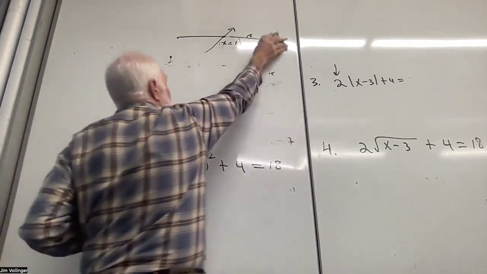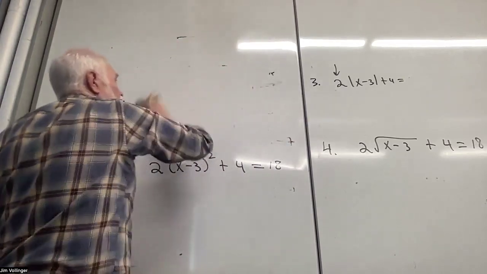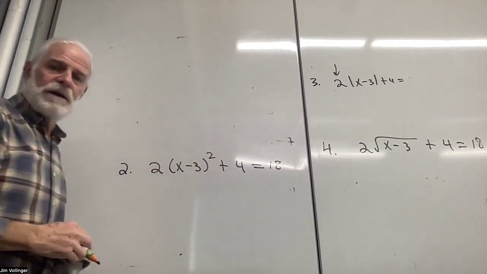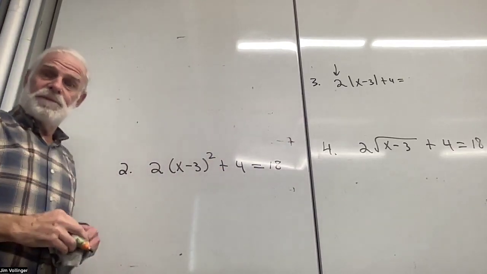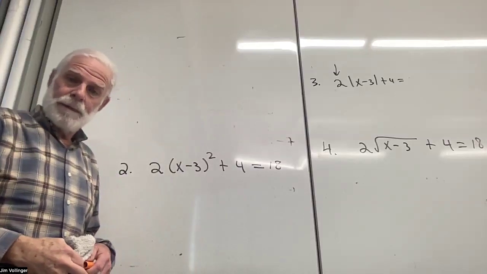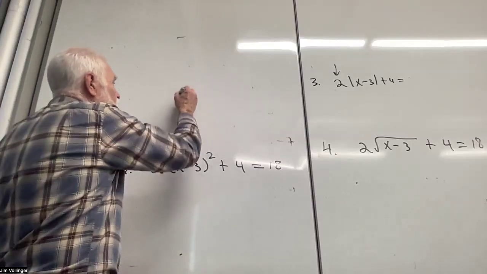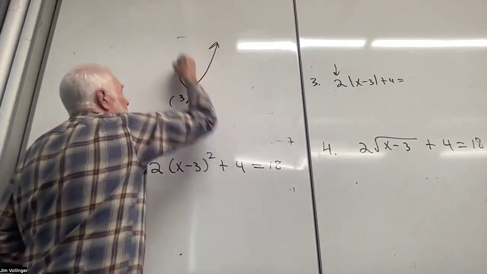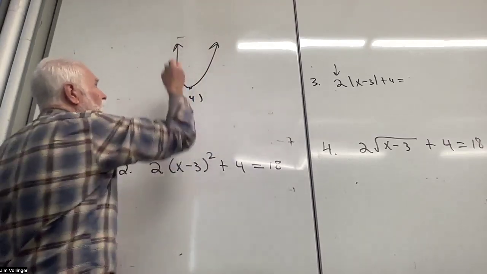The second one follows the same line of reasoning, except we have one more calculation to consider, which means that if you're looking for patterns, we have one more inverse operation. I've got 3, I've got 4, but in this case, I have a parabola, and I'm trying to hit a height of 18.